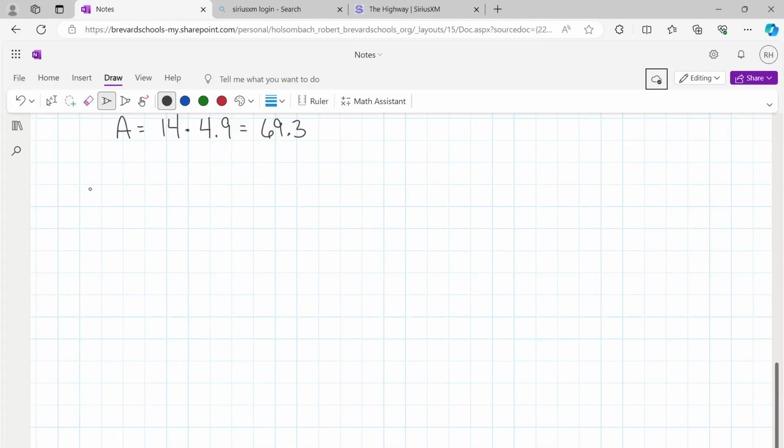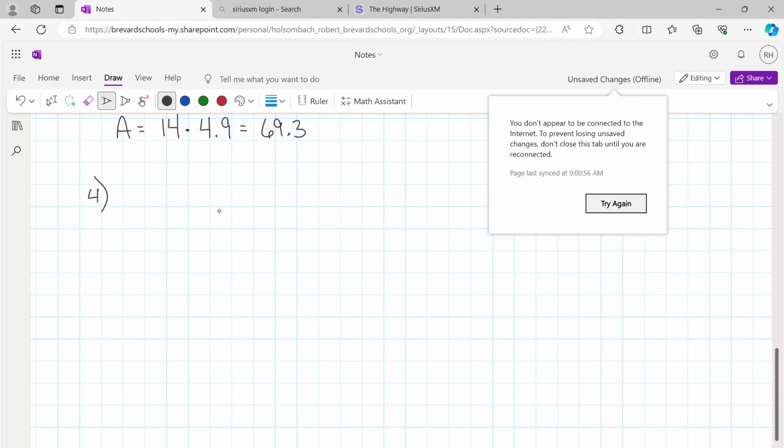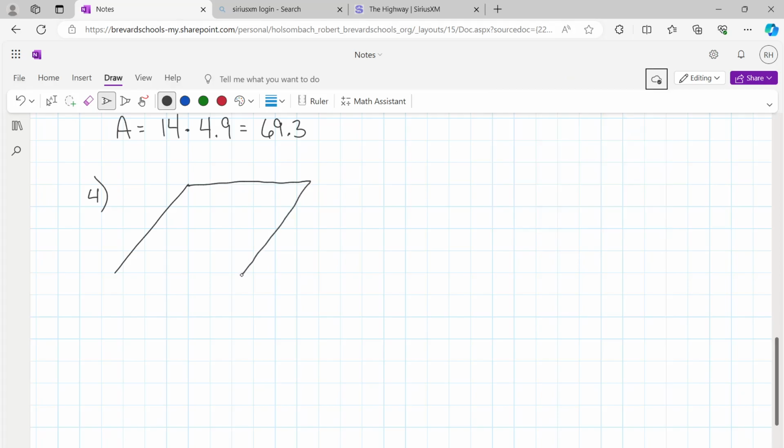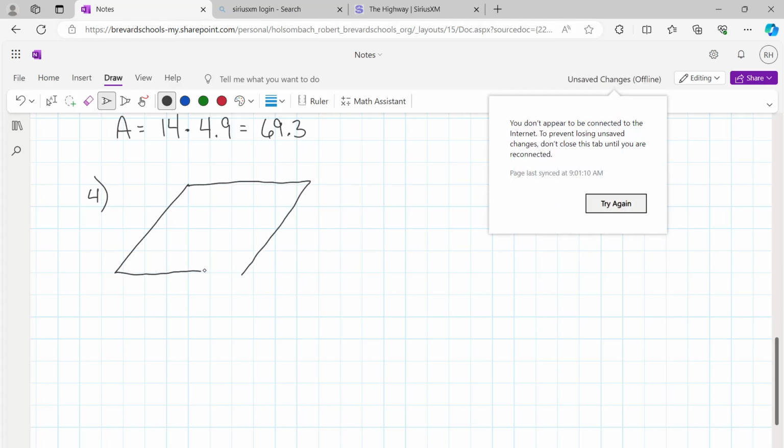Number 4. All right, left side is 22. Top is 26. Another 45-degree angle.